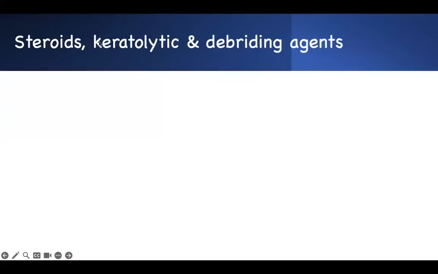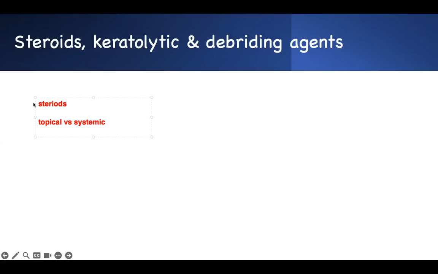Now, next one: steroids, keratolytics, and the debriding agents. Like I said, I'm making this as easy as possible. So let's take the steroid. We have topical and systemic. What are they doing? They're preventing inflammation. That's all a steroid is doing.